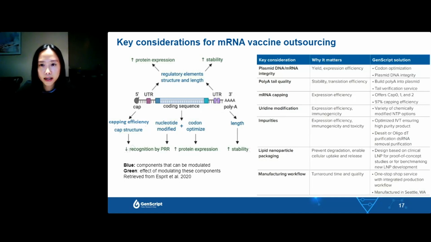And we are offering cap 0, cap 1, and cap 2, and provide 97% capping efficiency. And the fourth consideration is the uridine modification. We are providing different kinds of options for NTP. And the next one is the purity.